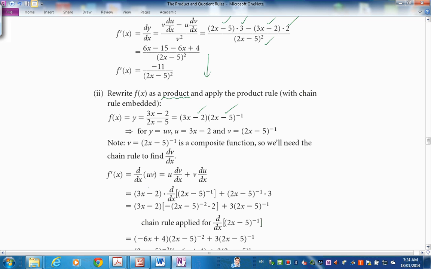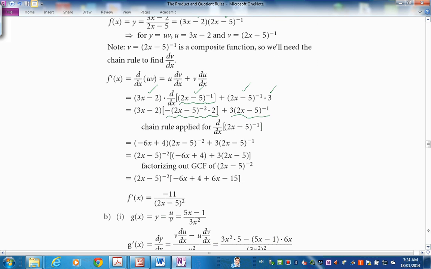We've got 3x take 2 then by the derivative of the second term, and then the derivative here of the first term by the second unchanged. So using that rule again, and this time that's a functional chain rule. So there's its derivative, and then we just go on. And you've got to put it back together again at the end into this form.